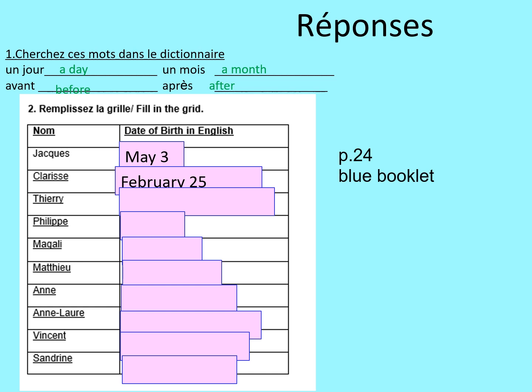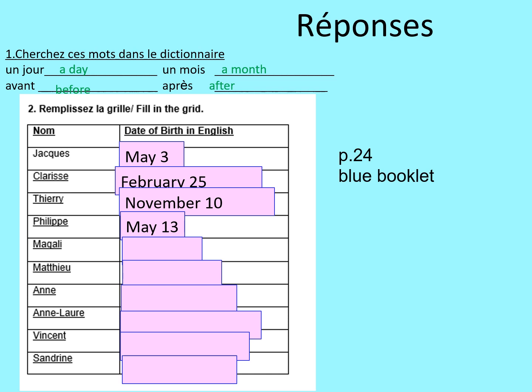And Thierry's birthday, which is told to us by Clarisse, is on November the 10th. Philippe, who says, Mon anniversaire est 10 jours après l'anniversaire de Jacques, he's actually telling us that his birthday is 10 jours après, 10 days after Jacques' birthday. So that would take us to May the 13th.